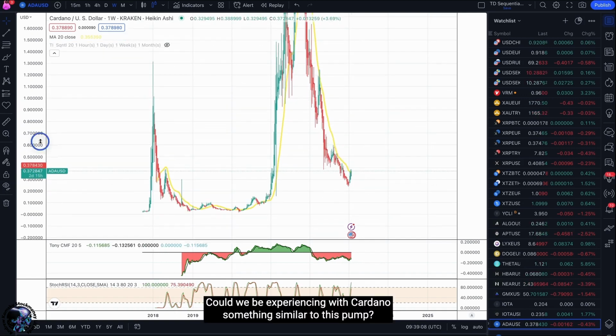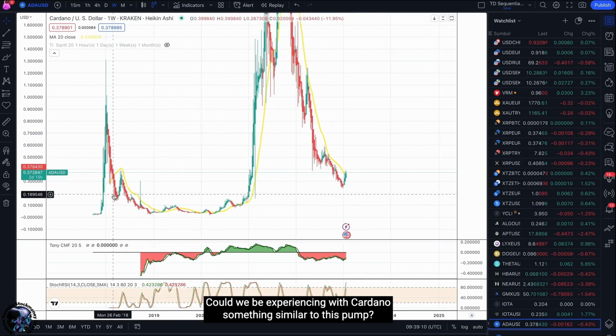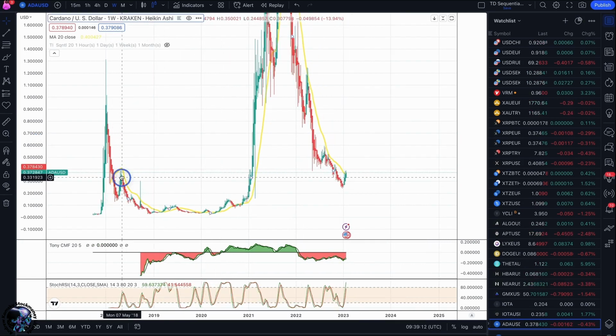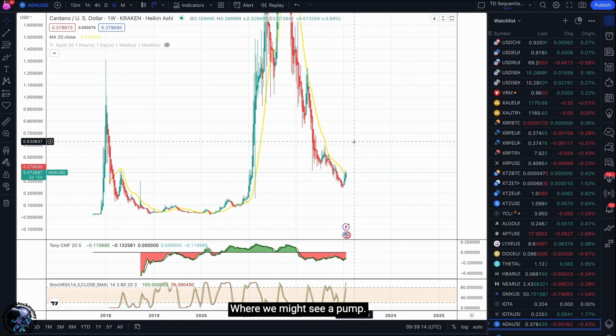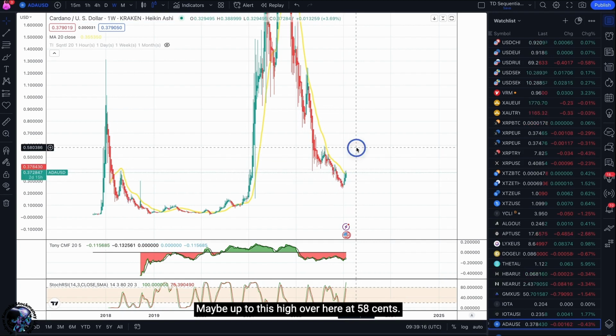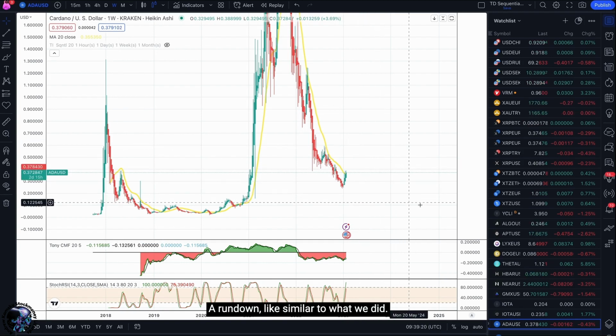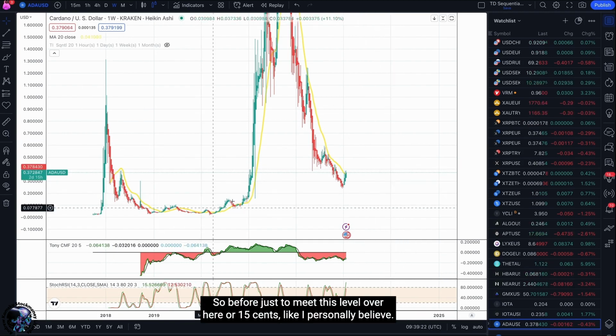Could we be experiencing with Cardano something similar to this pump, where we might see a pump maybe up to this high over here at 58 cents, and then a run down similar to what we saw before, just to meet this level over here of 15 cents.